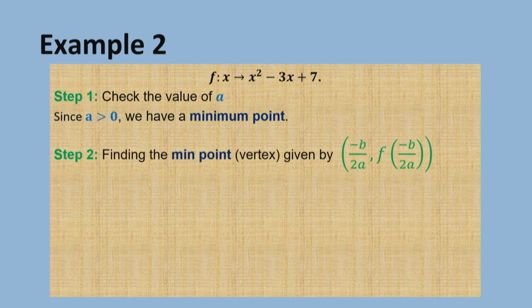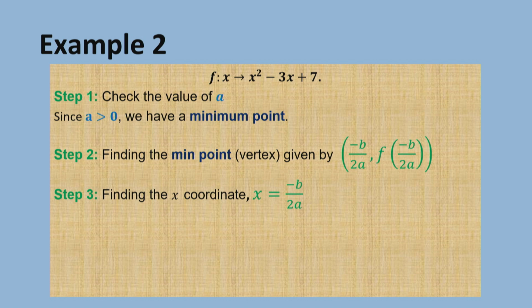Now, step 2, you need to find the minimum point by using the vertex method. The vertex method is given by this. So, the value of x will be minus b over 2a, while for y, it will be f of minus b over 2a.